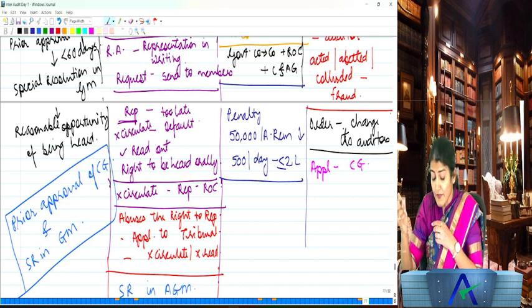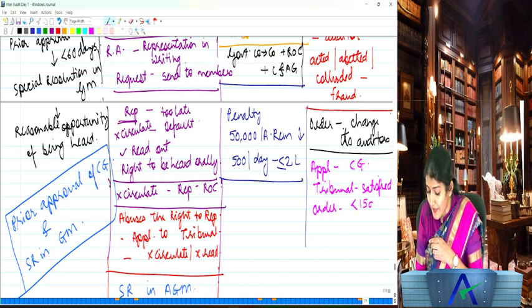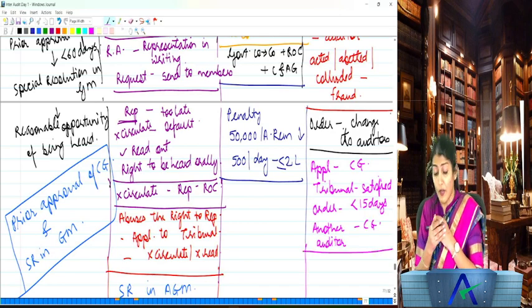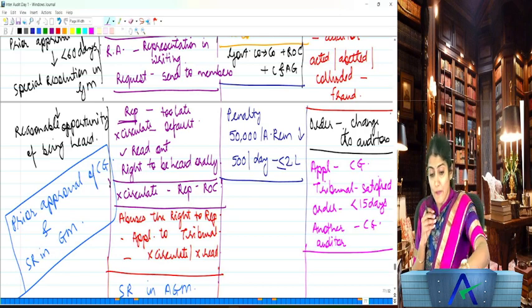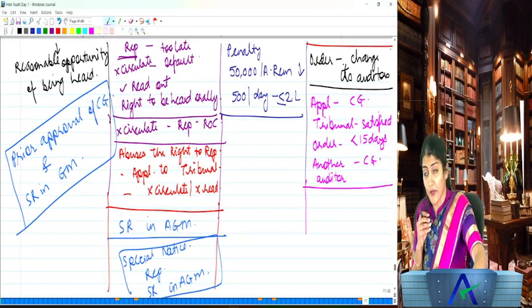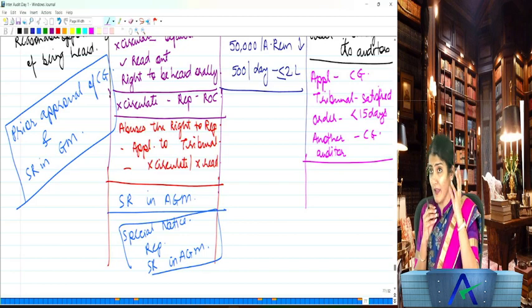If the application is received from CG and the tribunal is satisfied that the auditor has acted in a fraudulent manner, then the order has to be passed by the tribunal within 15 days, and the new auditor will be appointed by the central government. Why? Because the application was received from central government.